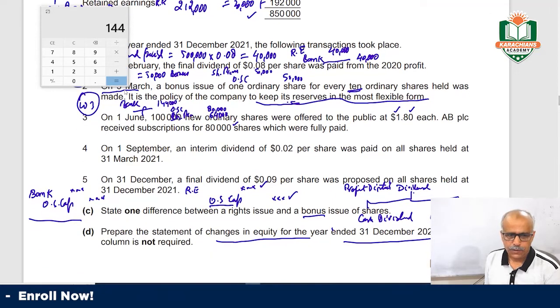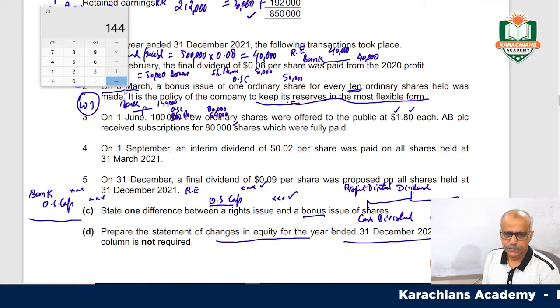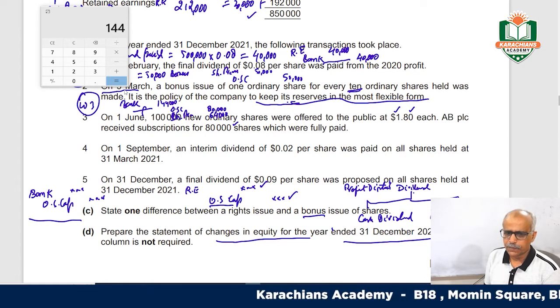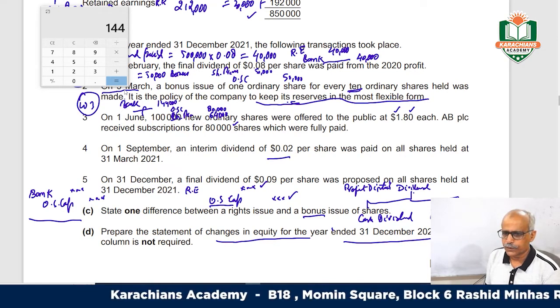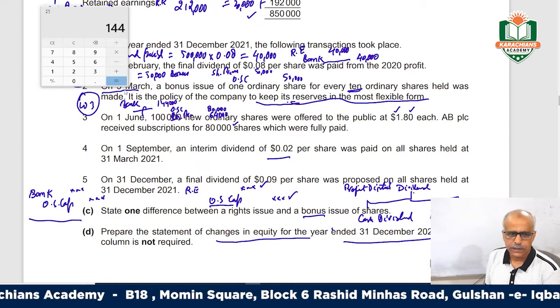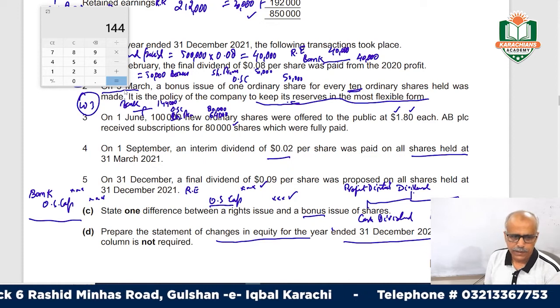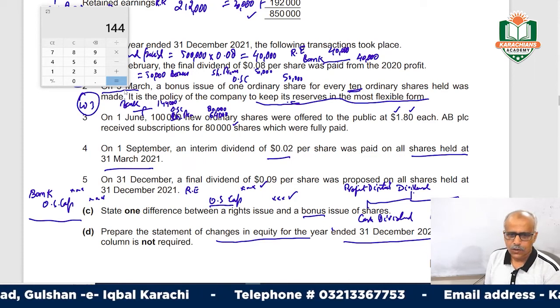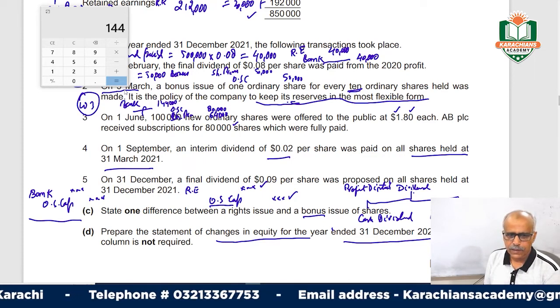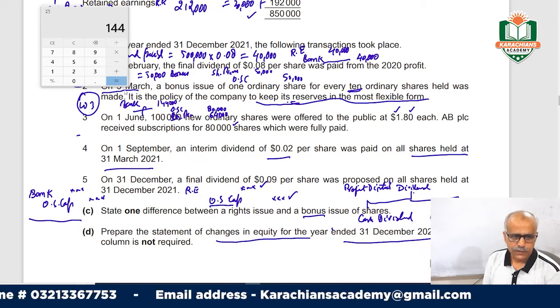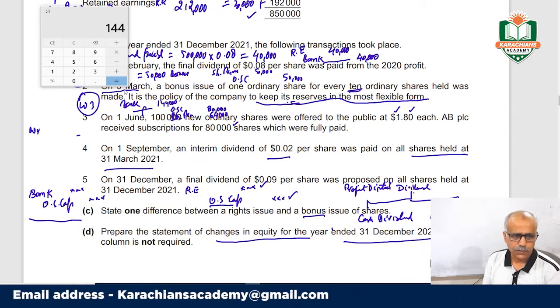Now on 1st September, an interim dividend of 0.02 per share was paid on all shares held. This is an important point: shares held at 31st of March. How many shares did they hold at 31st of March? We can say this is our working number 4.